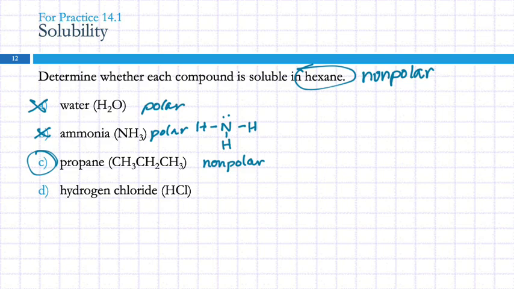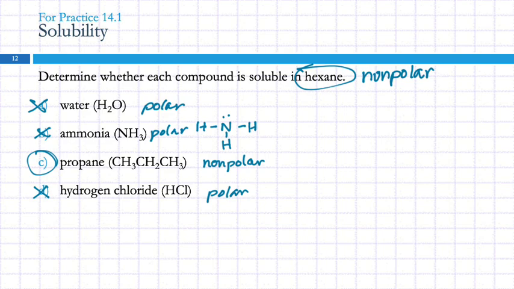And what about HCl? That one's also going to be polar. And that's where I said, here we have one bond. If the bond's polar, the molecule's polar. If those are two different elements, you should assume that it's a polar bond. So that one's polar and won't dissolve.